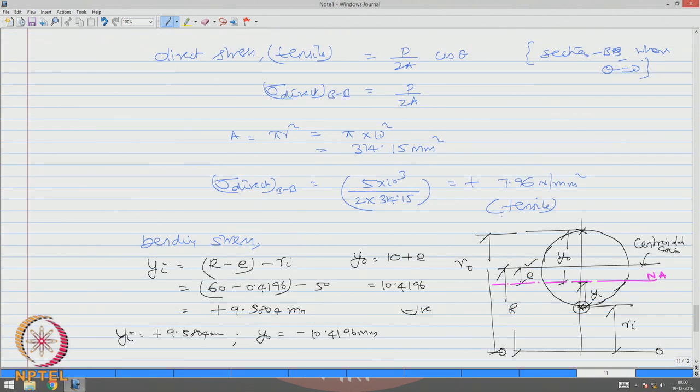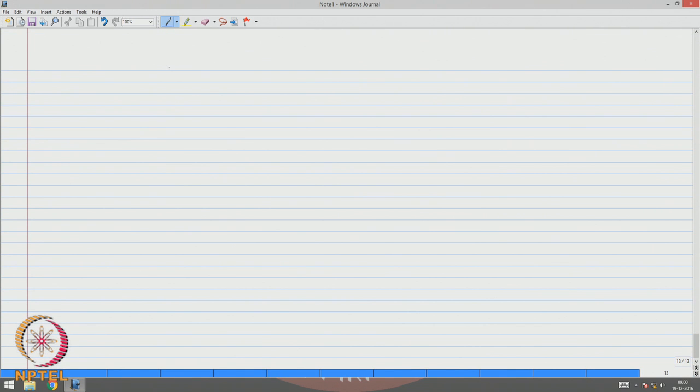So, the exercise is to determine the stress at intrados and extrados at section AA, which is at 45 degrees from the centroidal axis XX.